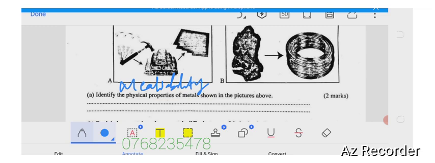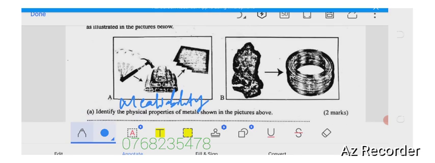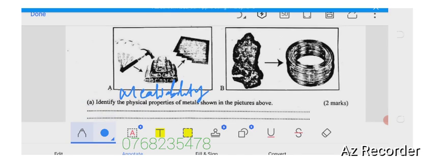And here a metal has been drawn into thin wires, a property we call ductility.